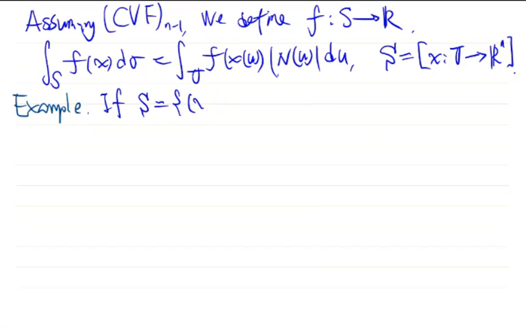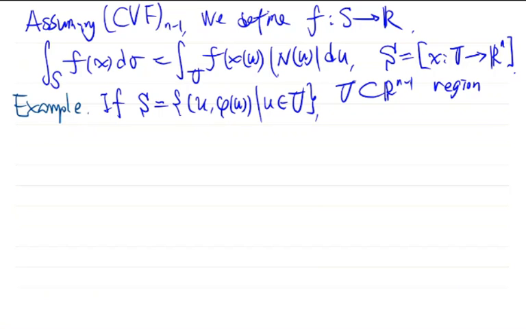Here U is an n-1 dimensional region, and phi is a continuously differentiable function over U.